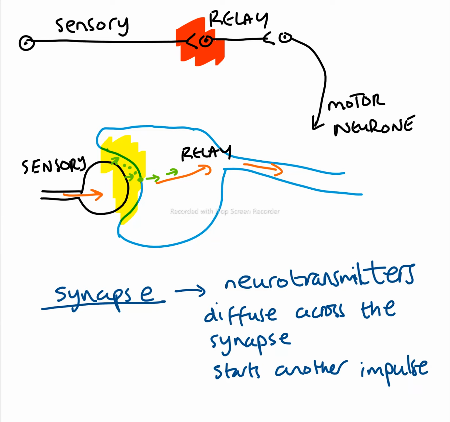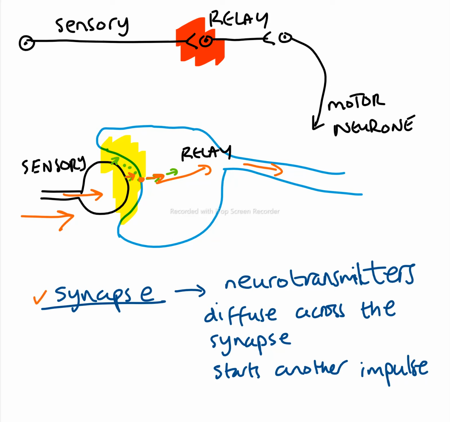So the impulse travels down the sensory neuron. It gets here, there's a gap, it's a synapse. Neurotransmitters, which are chemicals, diffuse across the gap. When they get here, they trigger another impulse in the next neuron, in this case the relay neuron, and that'll do the same thing.